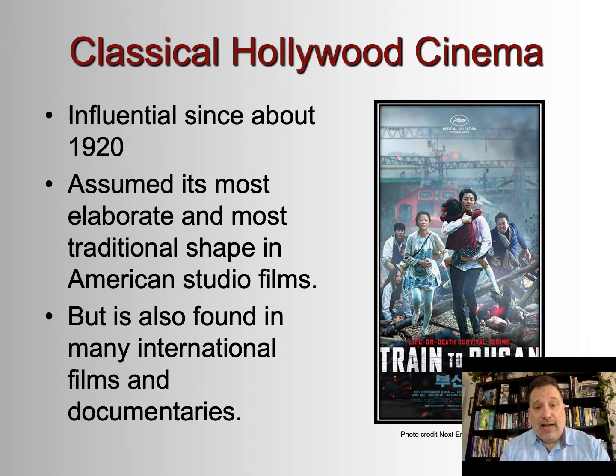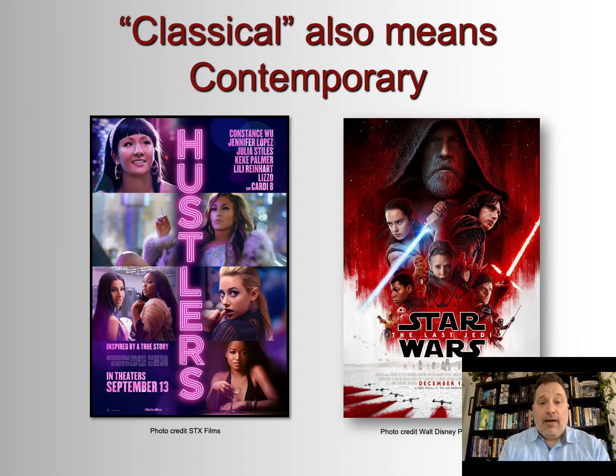However, this is definitely a story form that travels because its elements are found not only in American films, but in many international films and even documentaries. Which brings us to the very, very important idea that classical, even though it typically refers to something that's older, that's been around for a while, classical also means contemporary, right?